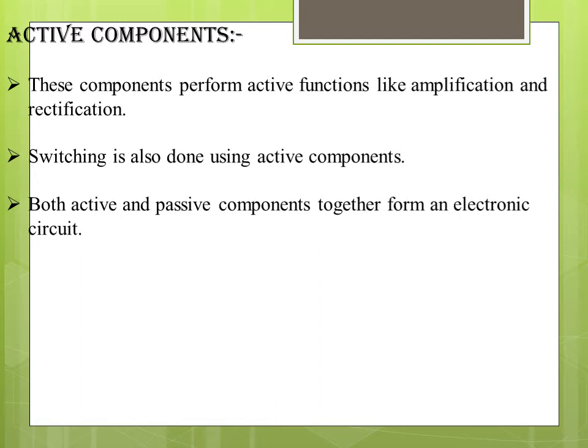So, active and passive components together form an electronic circuit. They are used in a wide variety of voltage and current sources. Whatever devices we see in our laboratory or come across in our day-to-day life, from a simple to a complicated circuit, all circuits are manufactured using active and passive components. So this is the definition of active and passive components. Now let us study the tree diagram of electronic components.